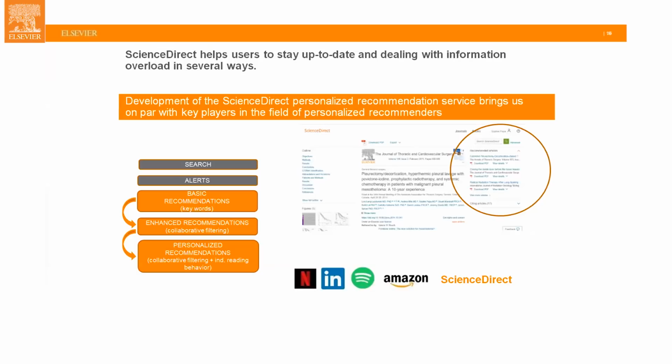Whenever you go to ScienceDirect and look for a specific topic, on the left side it gives you recommended articles. So this saves a lot of your time when you're searching for the topic itself.